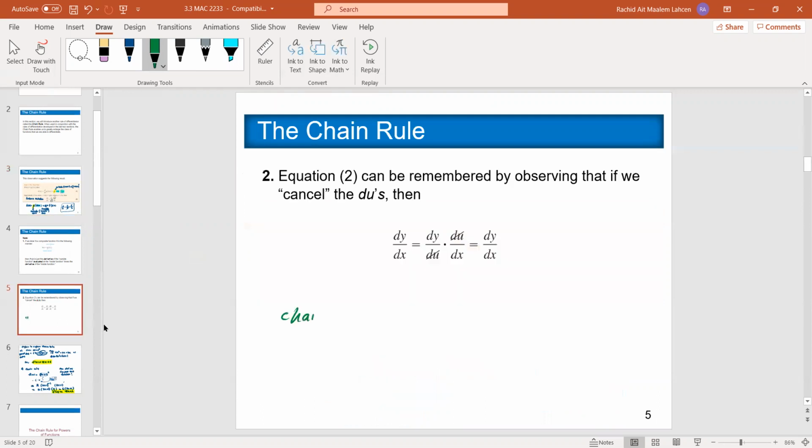The chain rule works outside to inside, right?